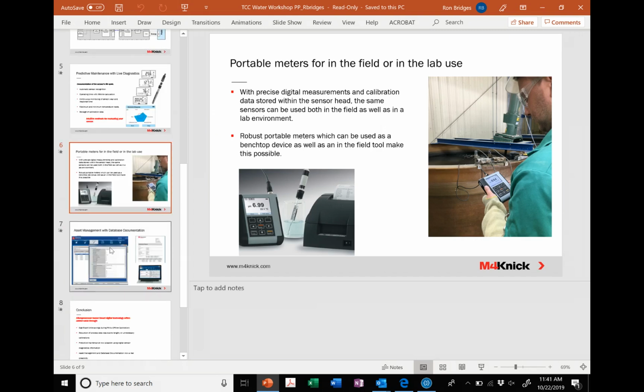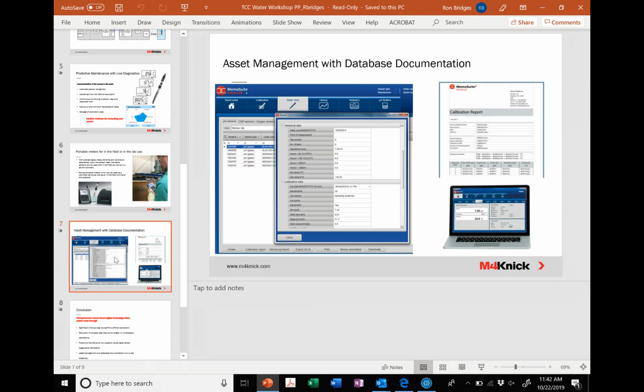So it frees up people who would normally be spending time driving around the facility, around the plant, doing these calibrations. That can be done at a more convenient time, and it can be done in a way that allows you to maximize the time spent in the plant doing other more critical tasks than trying to maintain the calibration on these liquid analytical devices.